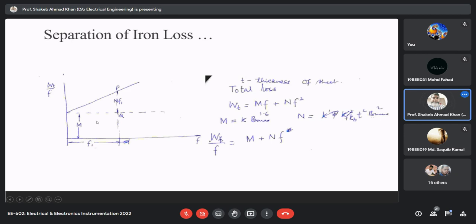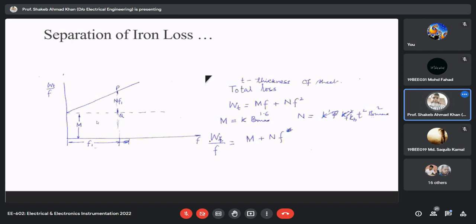Now, the situation is like this: you are performing an experiment like an open circuit test on a transformer core, with the objective to find out the iron loss or the core loss. You give the rated voltage at the low voltage side, and the high voltage side is open circuited.